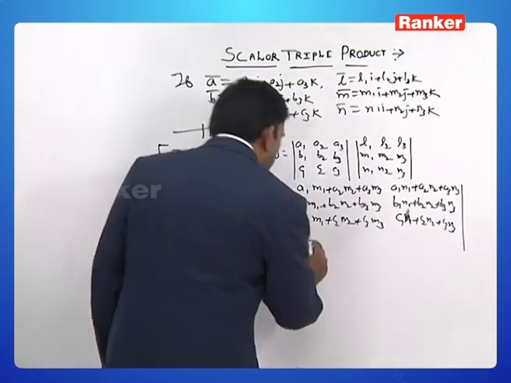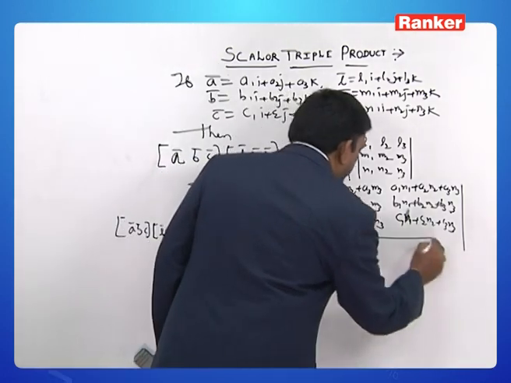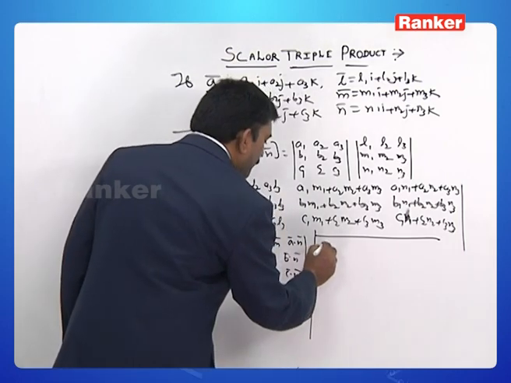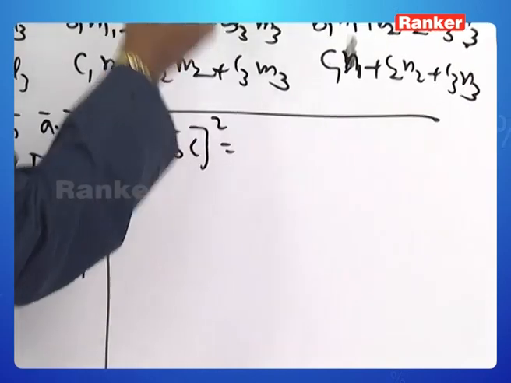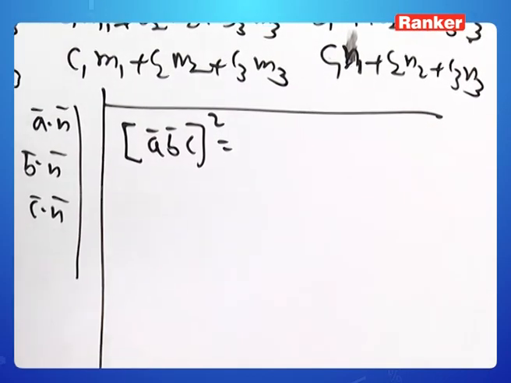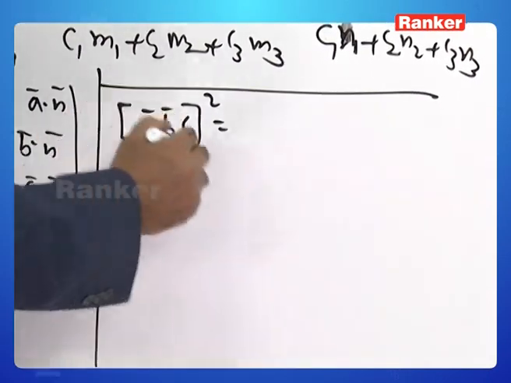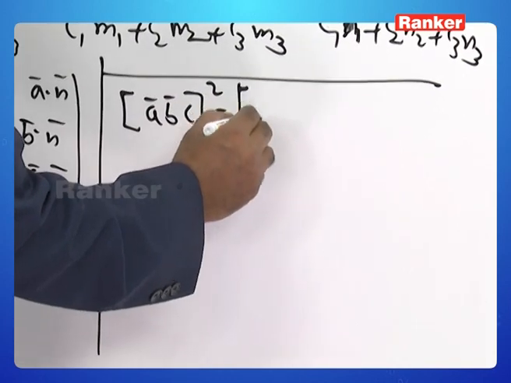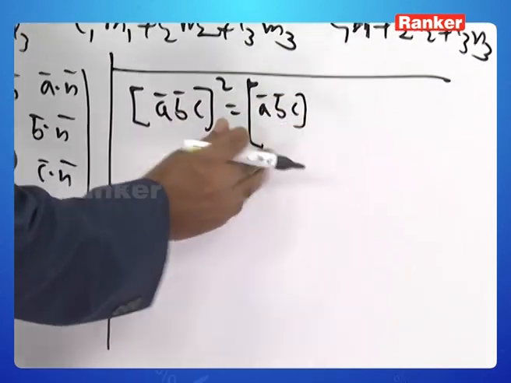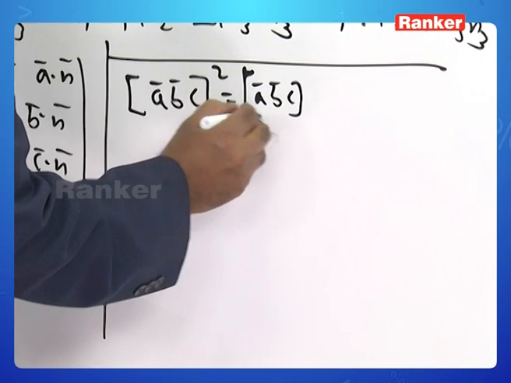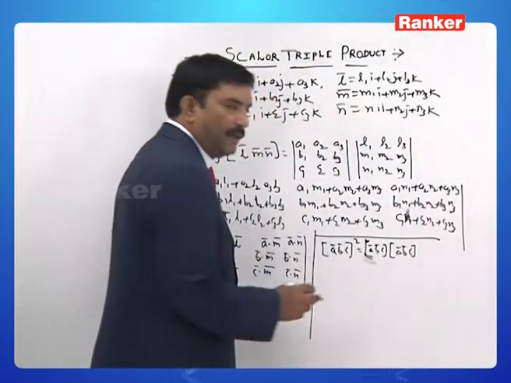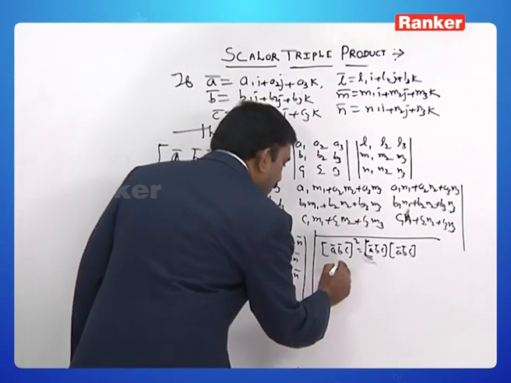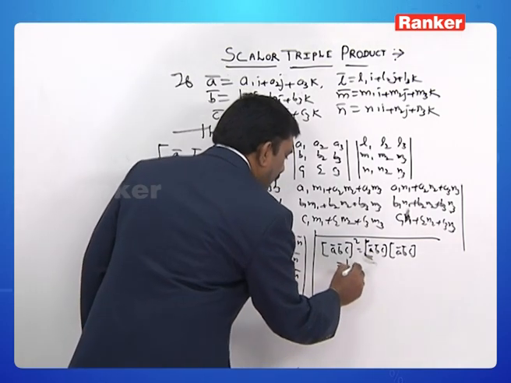Now what I want next is box of ABC whole square. From this, I can write box of ABC into box of ABC.